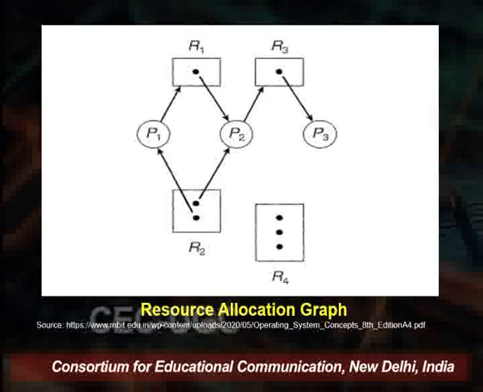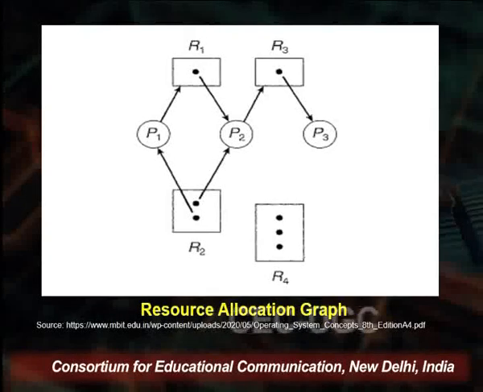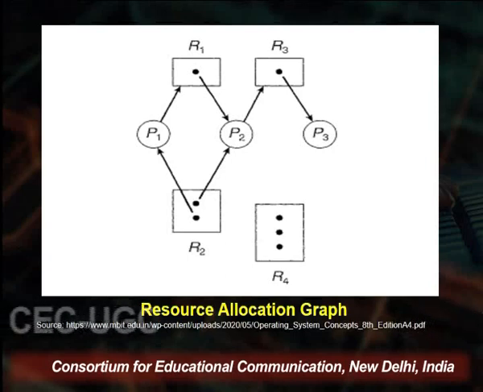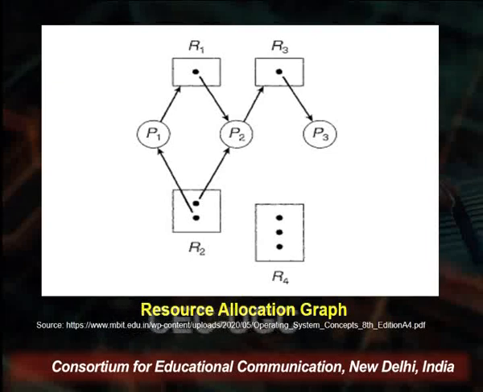Let's have a look here. This is the resource allocation graph of the scenario which we depicted, in which we have four resources R1, R2, R3 and R4. I have told you that R1 and R3 have a single instance, while R2 and R4 have multiple instances.